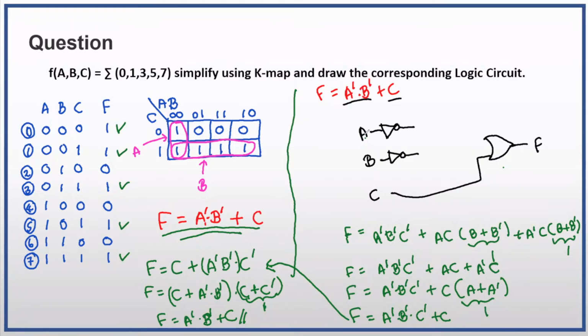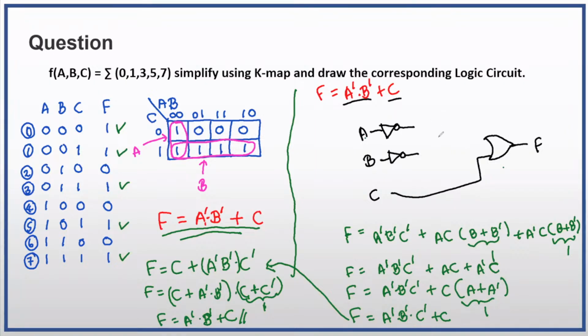Then what's here? A comes as the input, but from the NOT gate, you get the complement of A. And here to the NOT gate, the input is B and the output is the complement of B. So now we have complement of A and the complement of B, and those are connected with an AND gate.